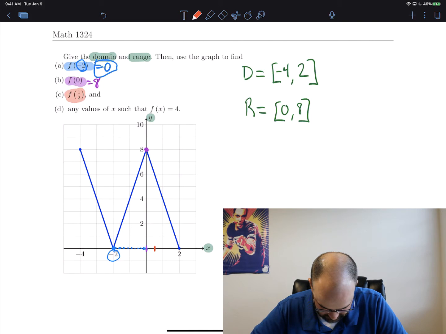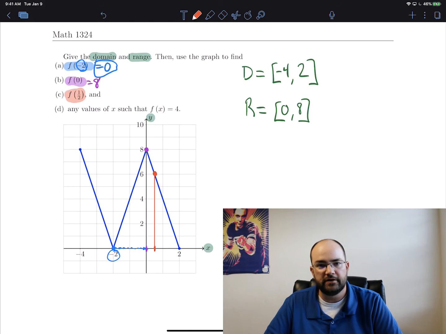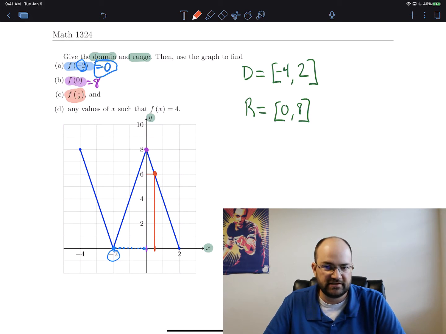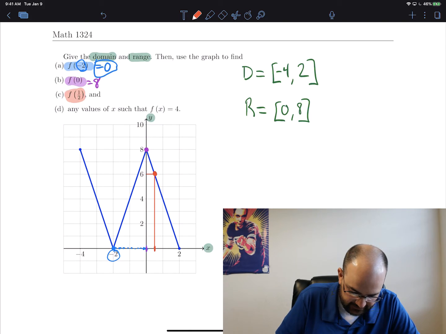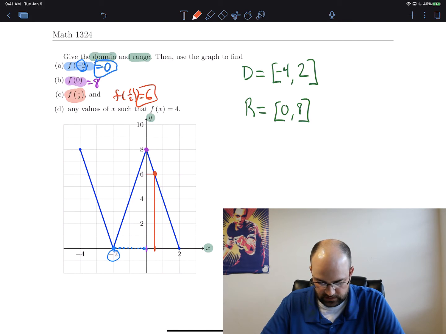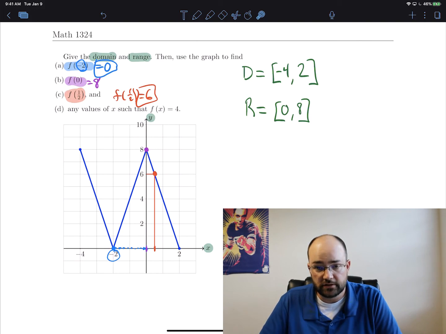And notice that it touches right there, and that means that the coordinate that we're actually looking at will be right there. And ask yourself, what's the y-coordinate? Well, again, if you go back to the y-axis, the y-coordinate there is 6. So it means that f of a half is 6.